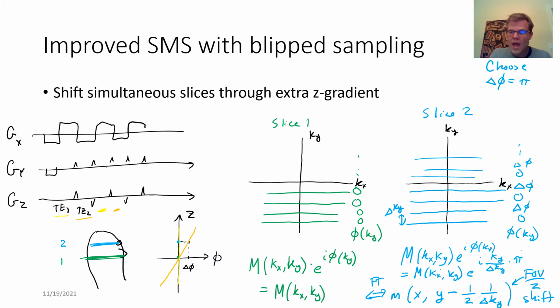And when we have that type of oscillating pattern every other line in k-space, this gives us a field of view over 2 shift in our reconstructed image. So slice 1 is going to end up in the center of our image, and slice 2, because of this Z gradient and its different Z location, is going to be shifted off by a field of view over 2.